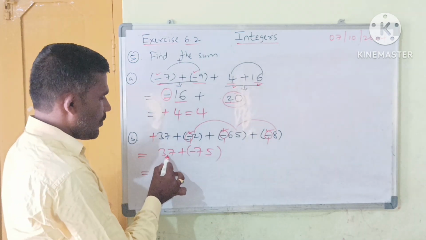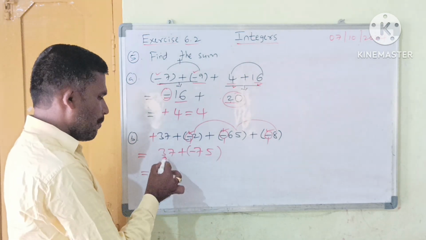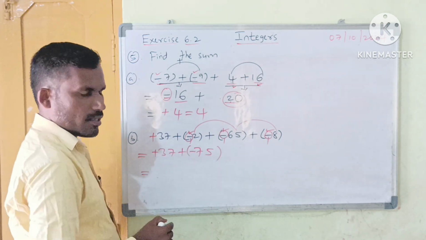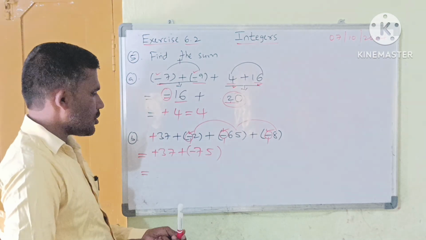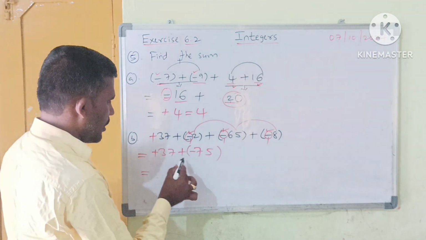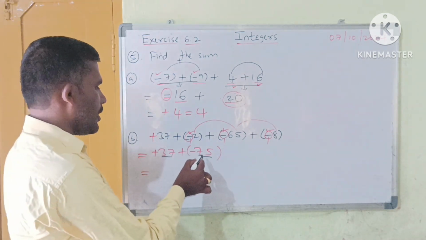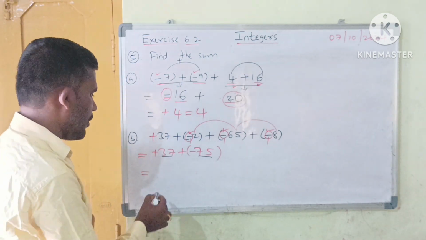And 37 plus minus 75. Here you have to add, but here plus, here minus. When you have opposite signs, you have to subtract. When subtracting, here 75, here 37. From the bigger number, you have to subtract the smaller number.